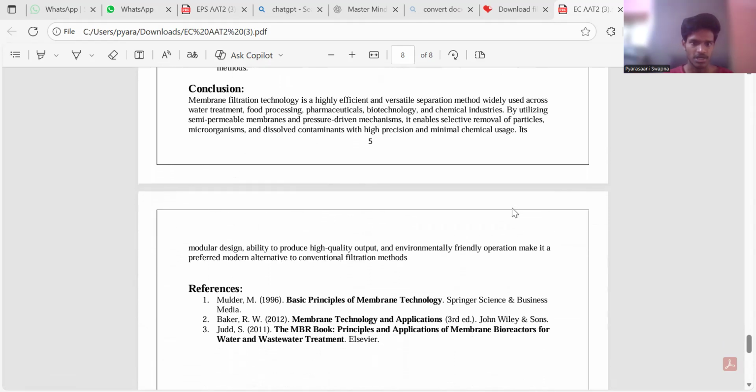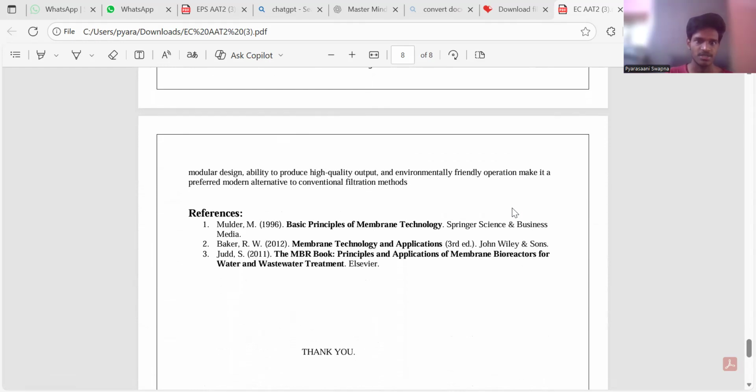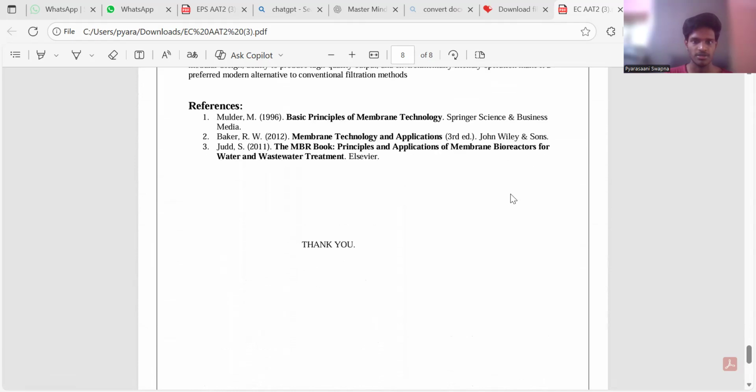Its modular design, ability to produce high quality output, and environmentally friendly operation make it an efficient modern alternative to conventional filtration methods.